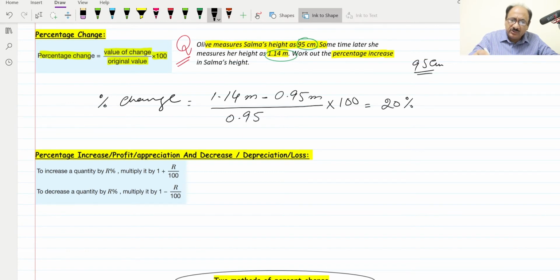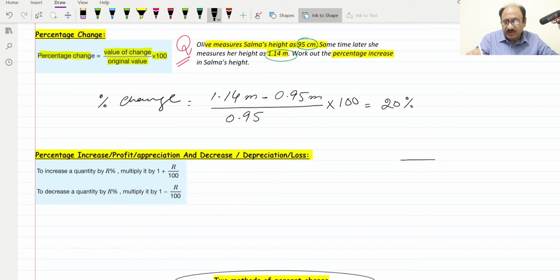Keep in mind that units are very important. If one unit is given in centimeters and the other one in meters, as in this case, you will have to make them equal. Otherwise, your answer will not match. And one more thing, you will have to check the answer space.